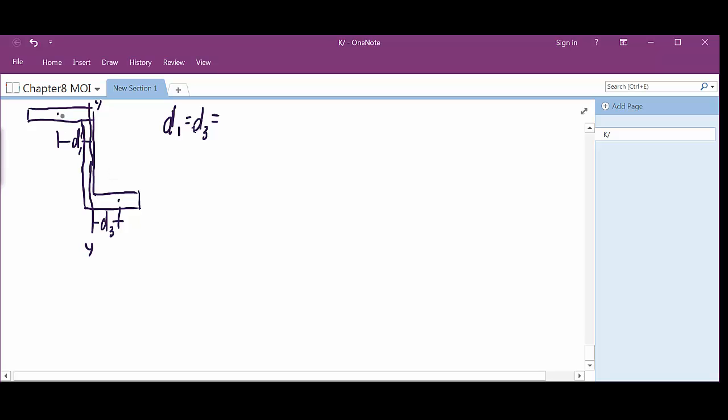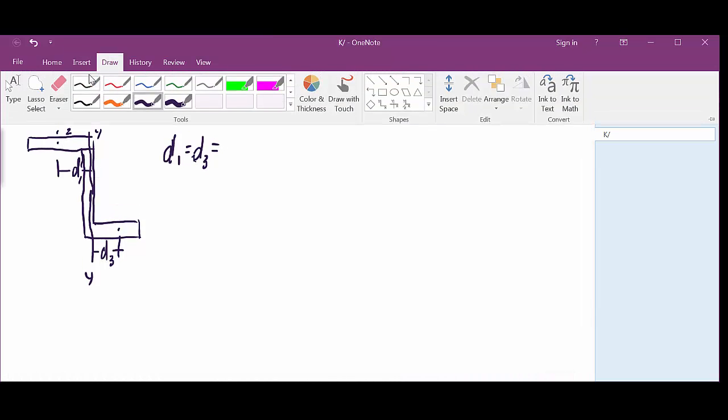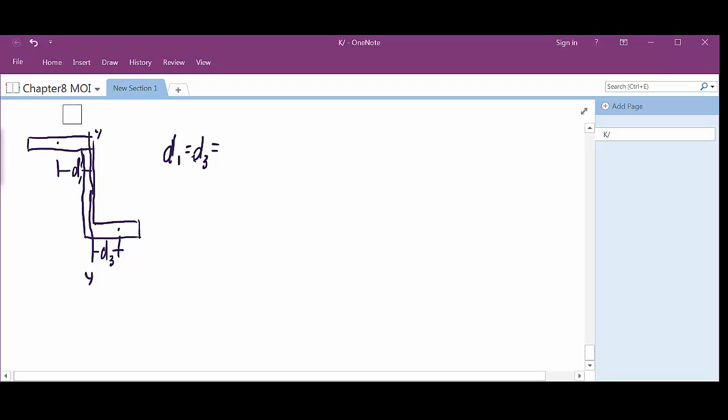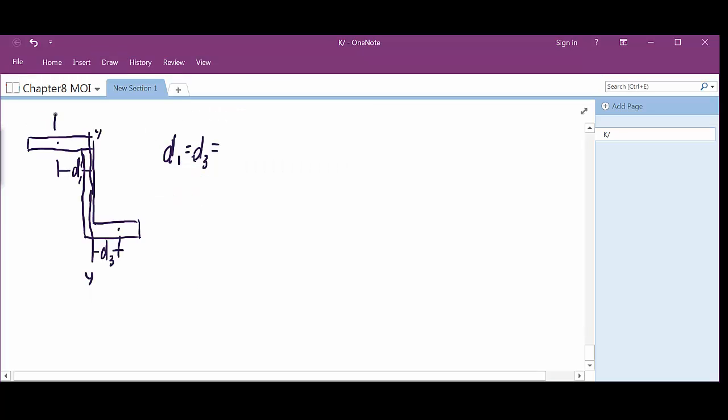So that total distance was 5, wasn't it? And this is going to be a half. So if the total distance was 5, that means the distance from here out to the end was 2.5, right? So the distance from here all the way to the end is 2.5.